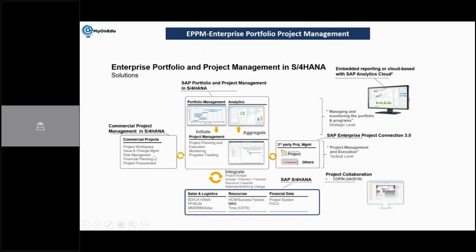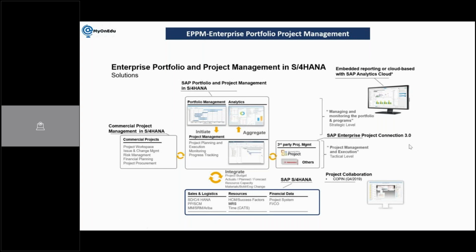So first is project system, second is PPM, portfolio and project management, third is CPM, commercial project management. And apart from that, we have another module which helps us integrate Primavera and MSP to SAP project system or plant maintenance, that is enterprise project connection, EPC.